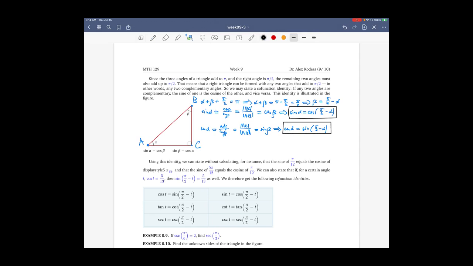Both are true, by the way, for any alpha, not necessarily in some acute angle in a right triangle. The two identities actually are true for any real alpha.